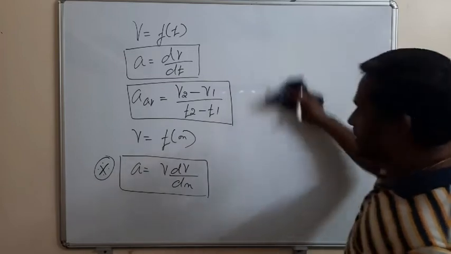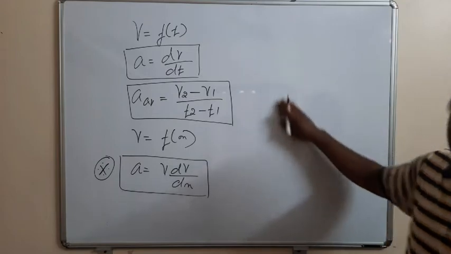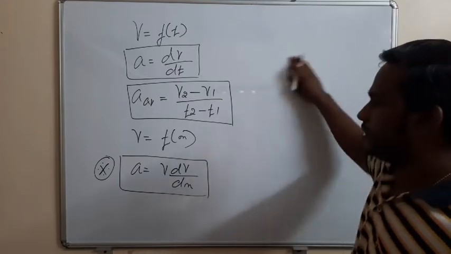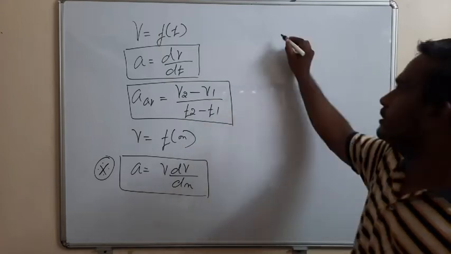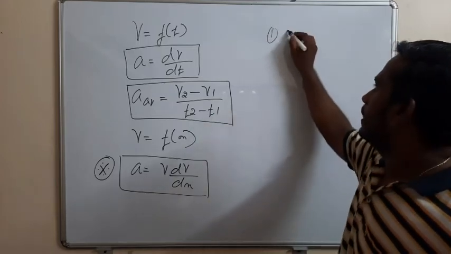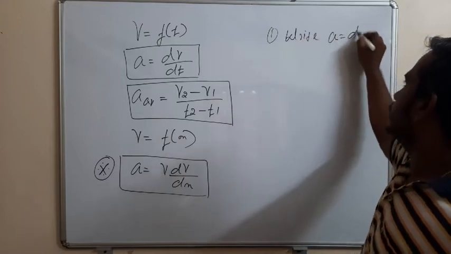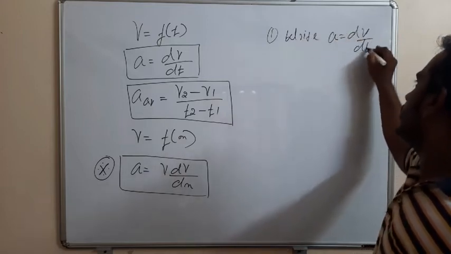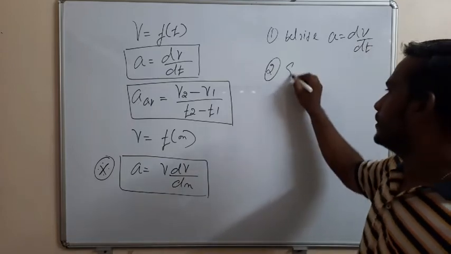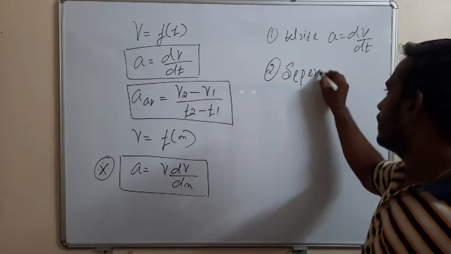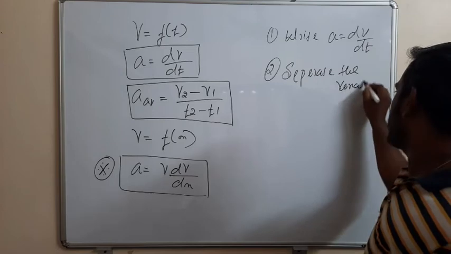Suppose the acceleration is given and we have to find the velocity. We have to follow three steps. One, write a is equal to dv by dt. Second step, separate the variables.